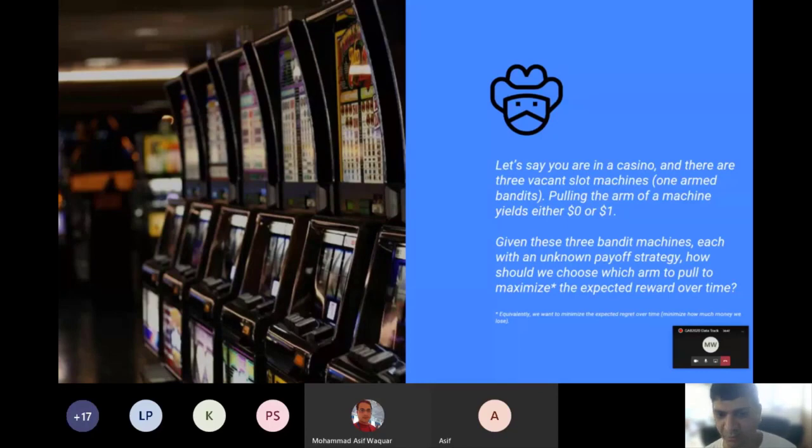So how does a bandit play into this scenario? Let's say you are in a casino, and this is a very typical example that everybody uses for reinforcement learning algorithms. The casino becomes a one-arm bandit, because in a slot machine, you can pull an arm and the wheels will turn, and whatever shows up on the wheel, essentially you will get that, right?